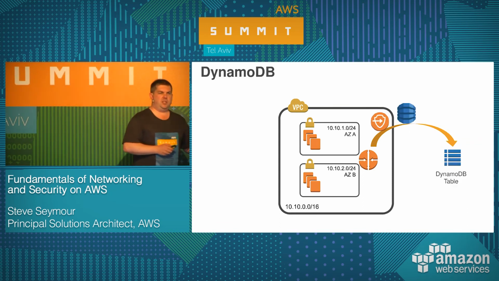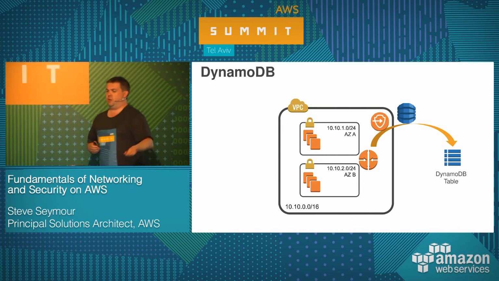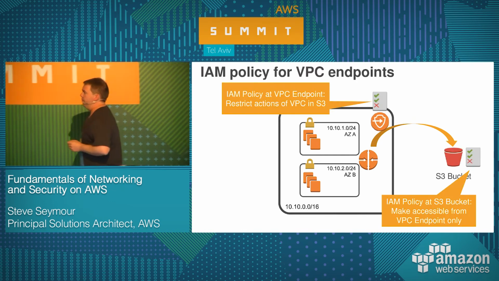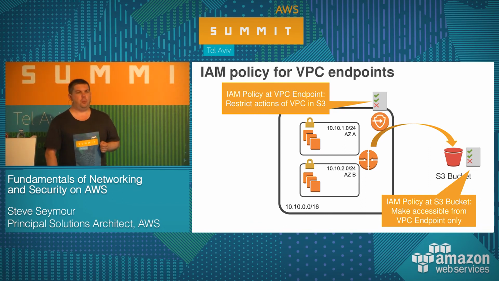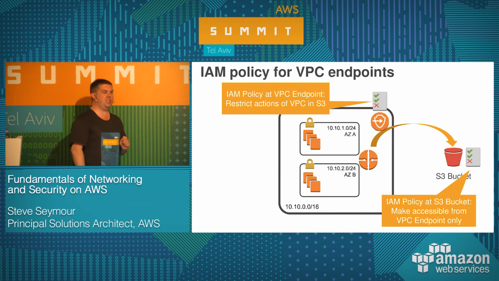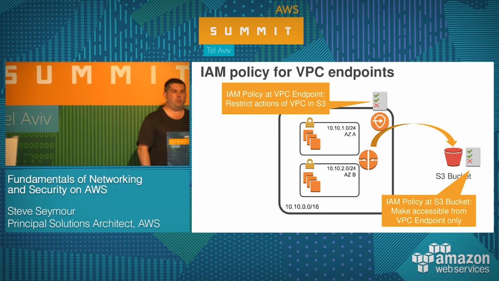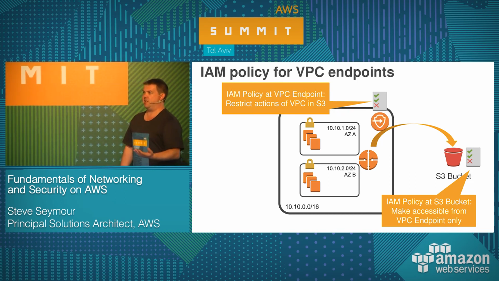The same thing applies to DynamoDB. Again, you're going to create a VPC endpoint, and when you do that, it will create entries in your route table. But the nice thing about using VPC endpoints is you can actually apply a few different policies. So from a security perspective, we actually get some extra tools by using VPC endpoints. We can apply a policy to the VPC endpoint that defines which S3 buckets we can access.